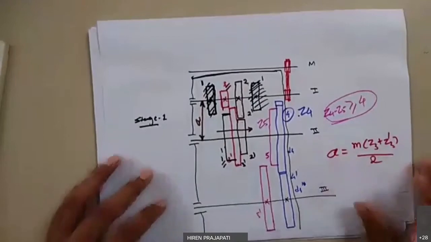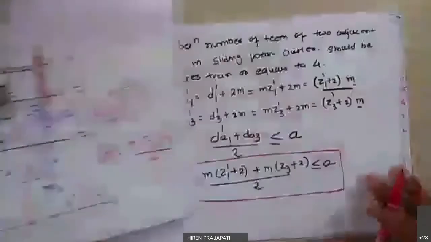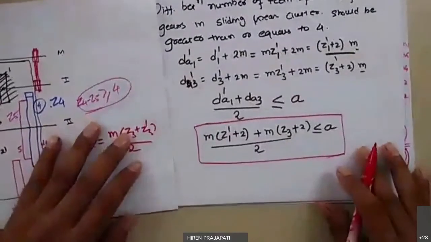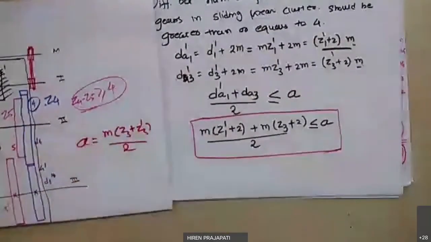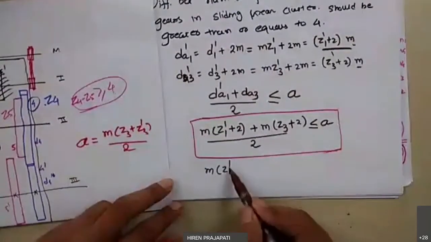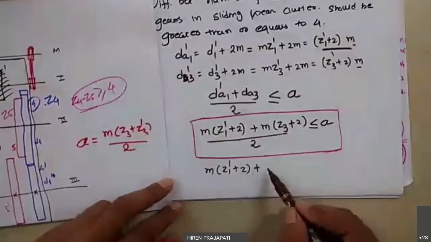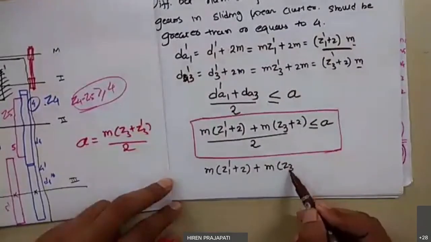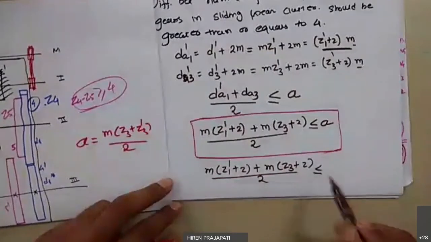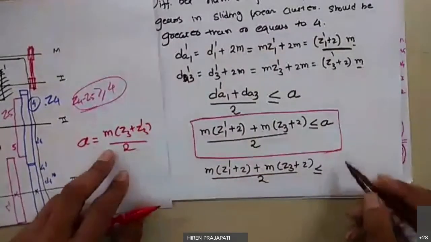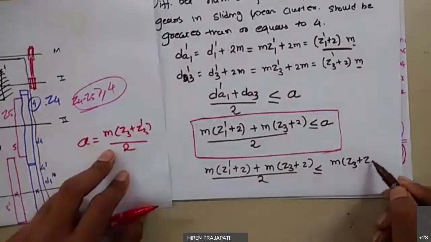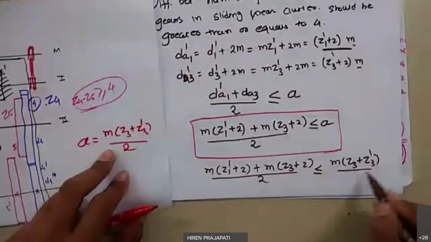So let us put this A here. Let me rewrite this equation: m times z1 dash plus 2, plus m times z3 plus 2, divided by 2, less than or equal to A, which is nothing but m times z3 plus z3 dash, divided by 2.